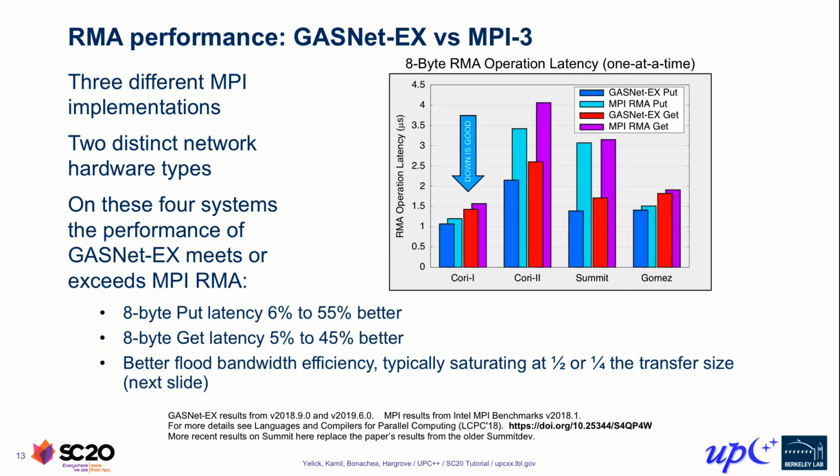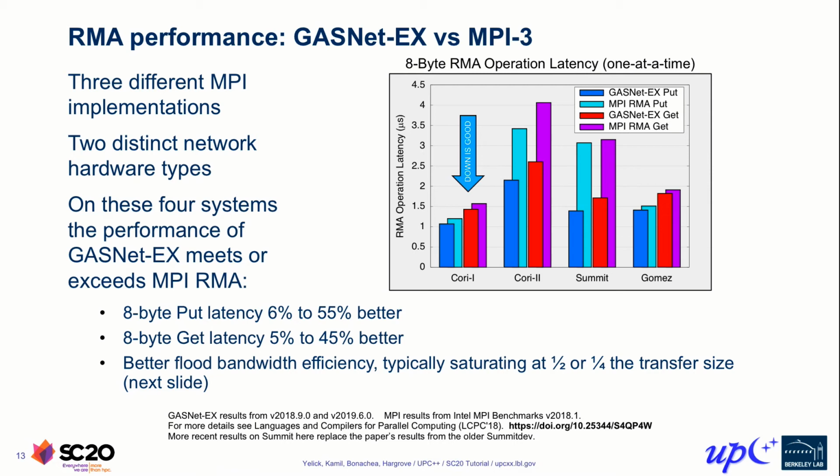So how does the performance of GASNet-EX compare to MPI's one-sided model? We saw some of this data before, but here we're highlighting the latency advantage for sending very small messages, 8-byte messages. You can see that for both put and get, puts shown in blue and turquoise, and gets shown in red and magenta, the GASNet implementation outperforms the MPI RMA implementation on each of these 4 different systems: the Cori system, the Summit system, and the Gomez system.